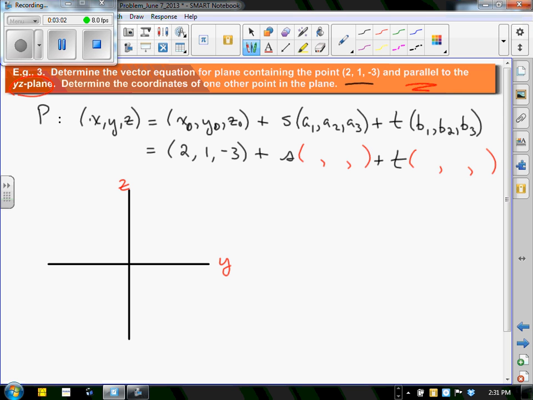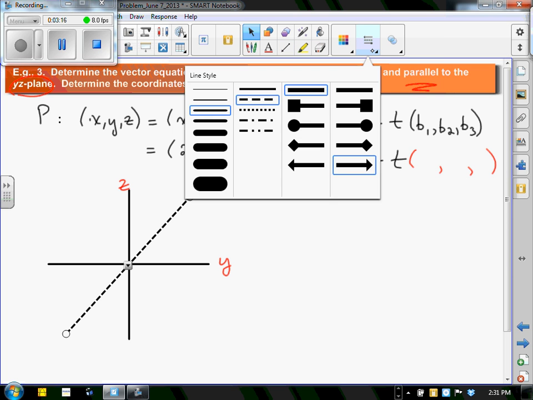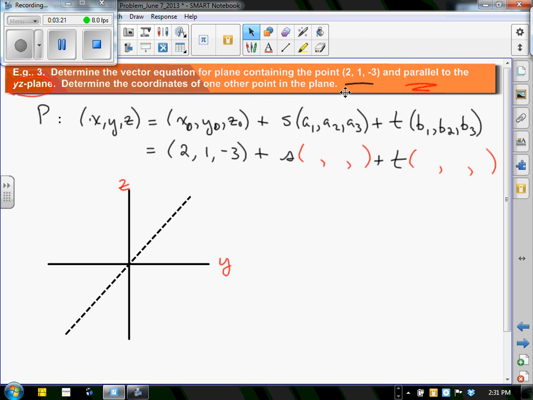And of course the x-axis, we'll put that in as well. I'm just going to use a trend line in this case because x really isn't a concern for us in terms of the YZ plane. In fact, for the YZ plane, the x component would be 0.